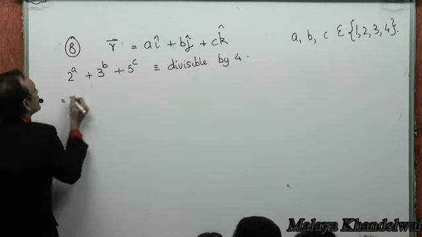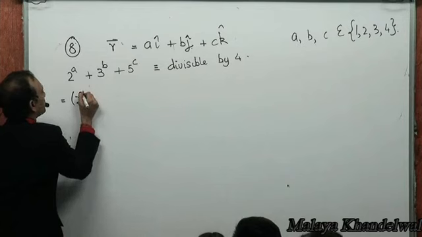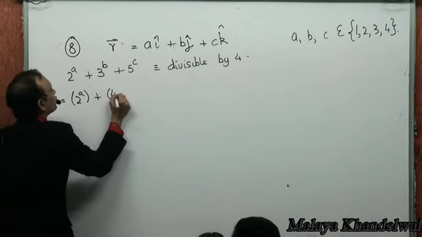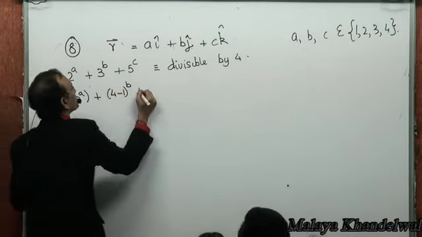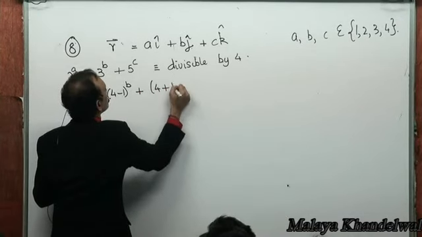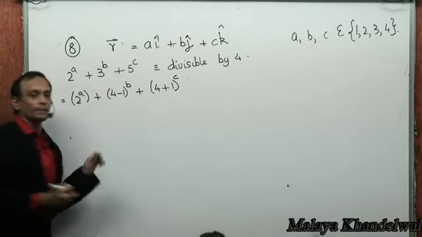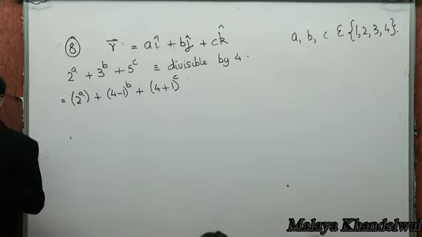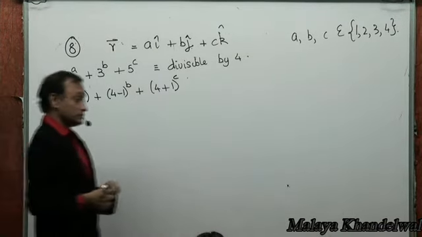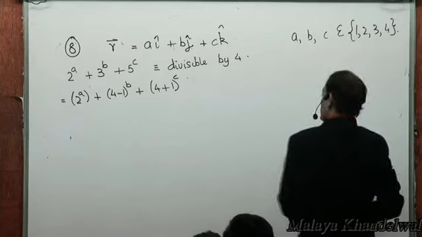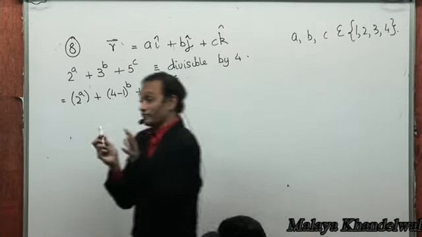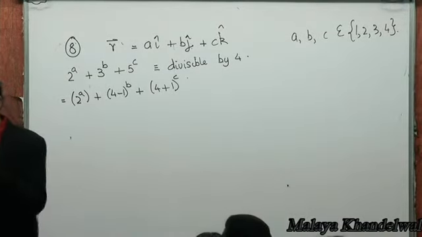Now this could be written as 2 to power A plus (4 minus 1) to power B plus (4 plus 1) to power C. Yes or no? Now, remember I gave you a brief snippet of binomial theorem.